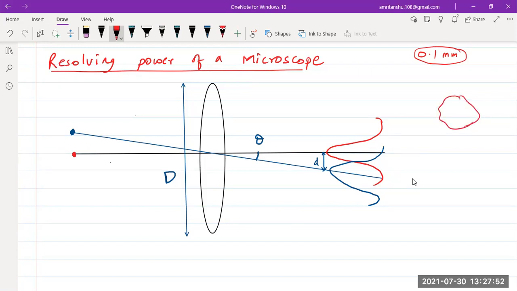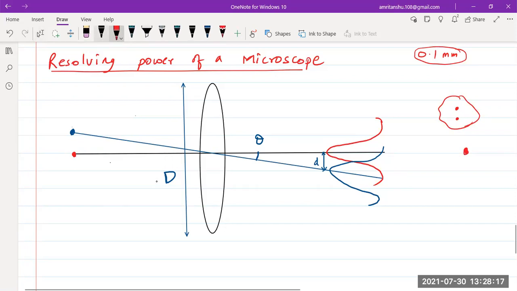In this cell I may have 2 points. A good microscope will be able to resolve these 2 points quite distinctly, correct? If these 2 points are overlapping, then the resolving power of the microscope is not so good. So let's try to find out what this minimum distance will be.